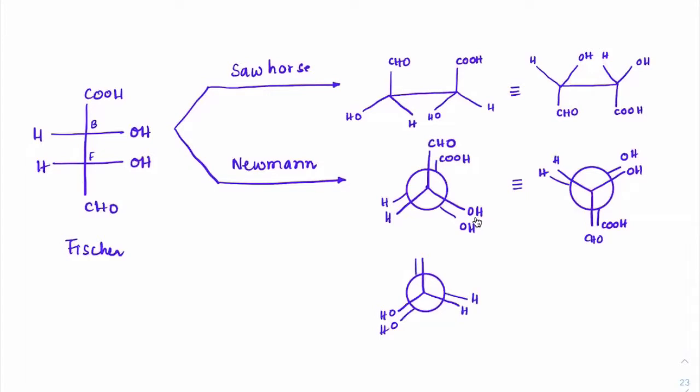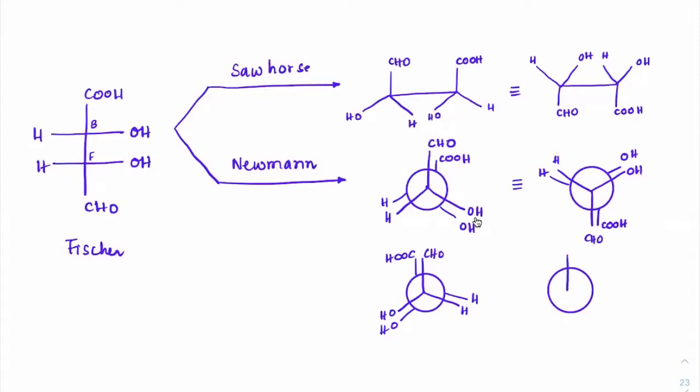Then if you put CHO here, you just have to put COOH here. So these two are exactly the same, there is no issue. You can always bring the same form. Same way, you can think, sir, why can't I put OH up? You can put it here also.